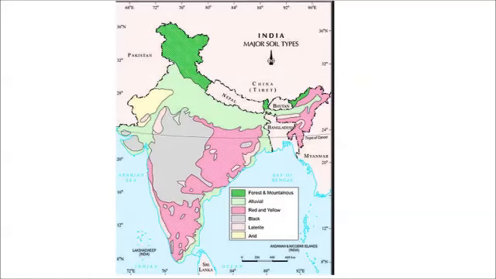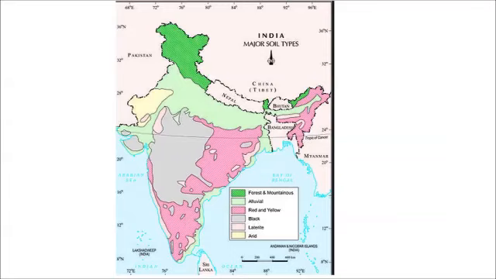Now the next one also is a map but not from your textbook. So I think it may be easier for you. For this, as states are not written, it's very important for you first of all to know which state is located in which particular part of this map of India.